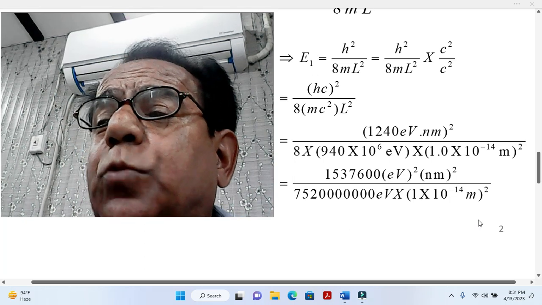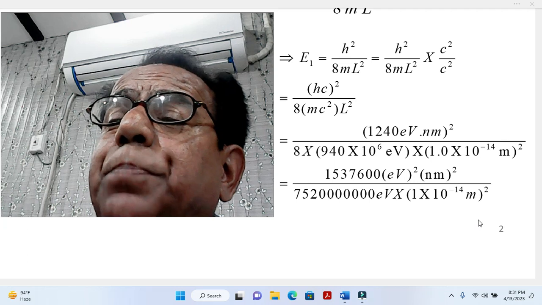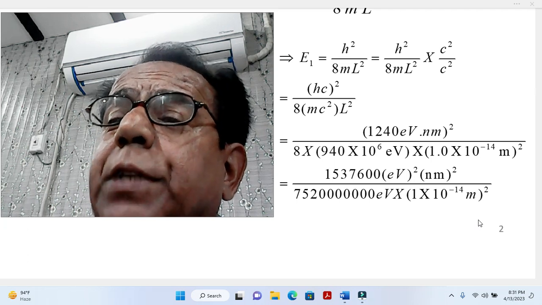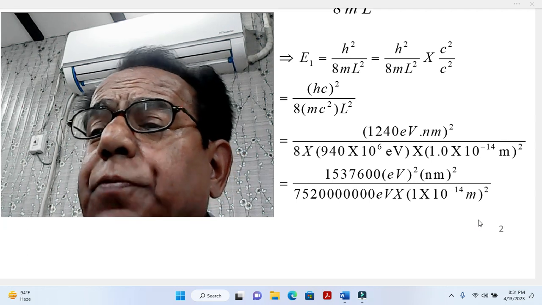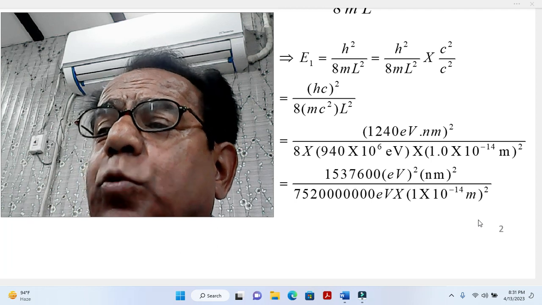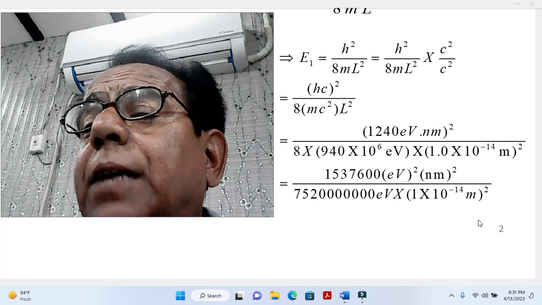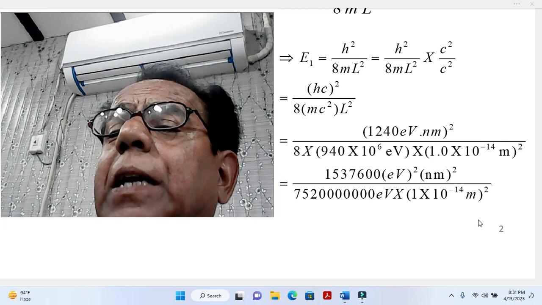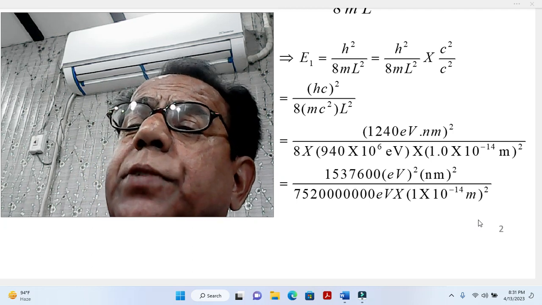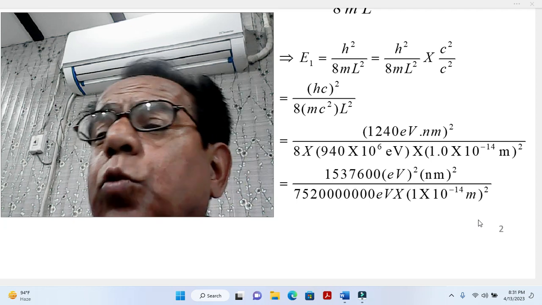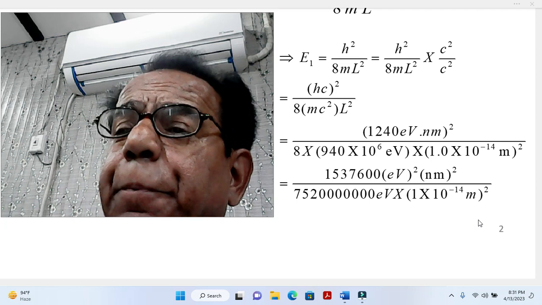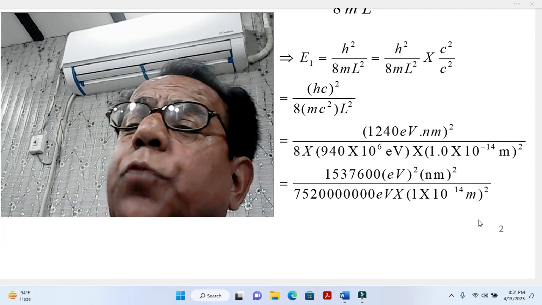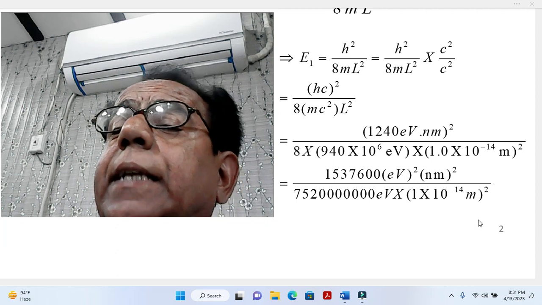This becomes equal to, we have simply taken square of 1240, which has become equal to 1537600 electron volt square and nanometer square. It is quite obvious that when we take the square of this whole quantity, then not only the square of 1240 will appear, but also the square of electron volt and the square of nanometer.